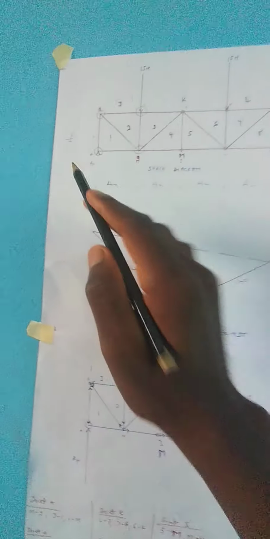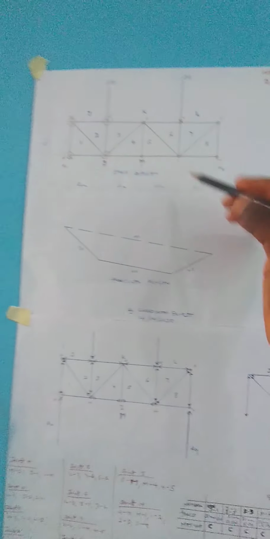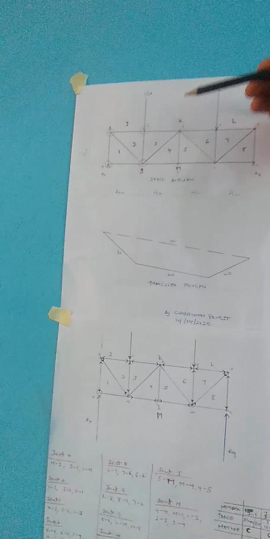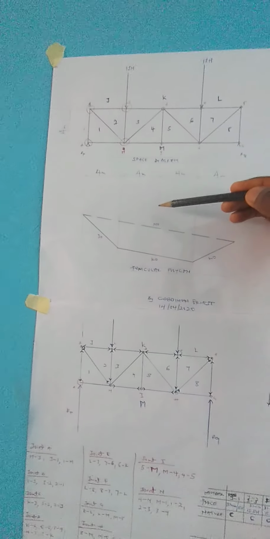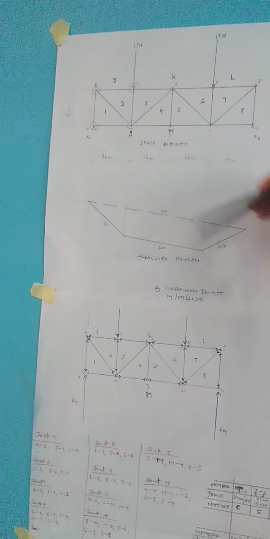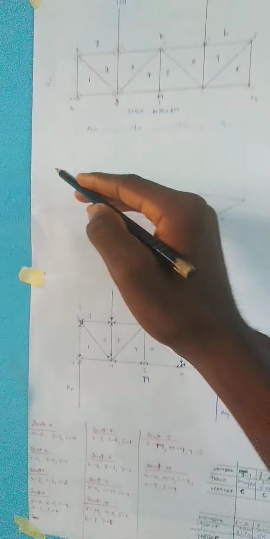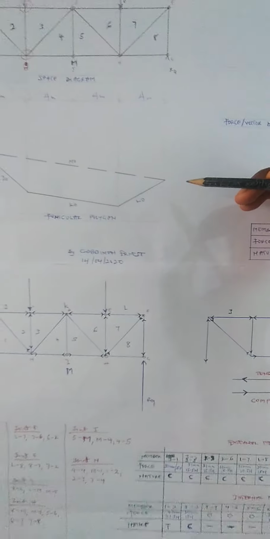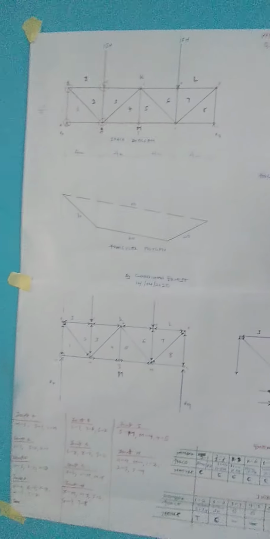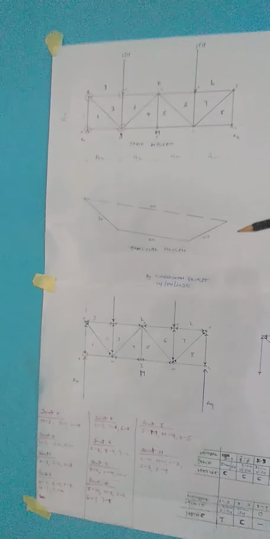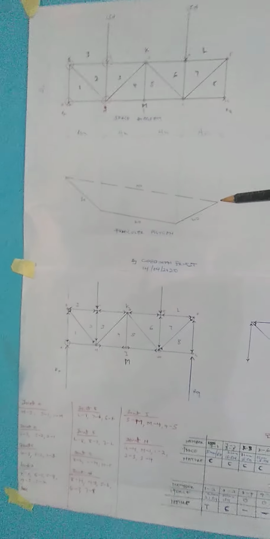You should know that the reactions RP and RQ will be the same because the truss is symmetrical when divided into two. That is the first clue. But we don't know the values for RP and RQ. That is what we are coming to look out for. But the point is that the values will be the same.